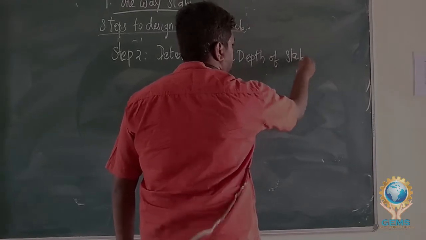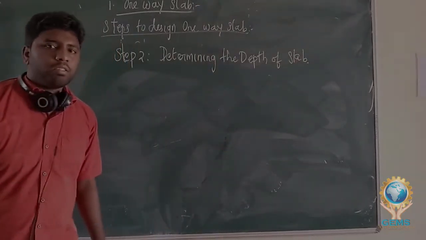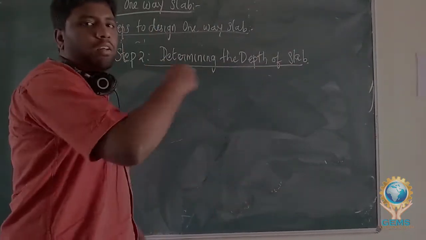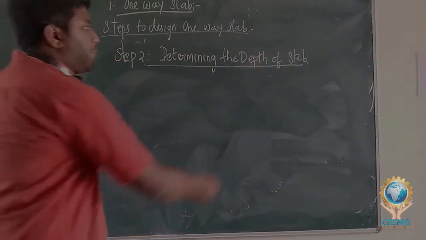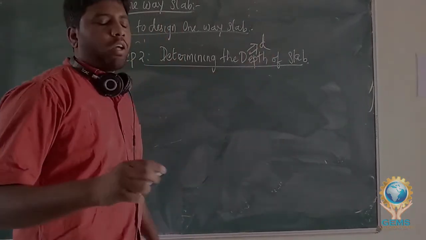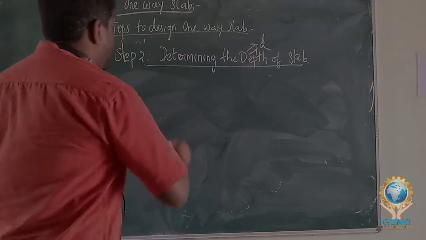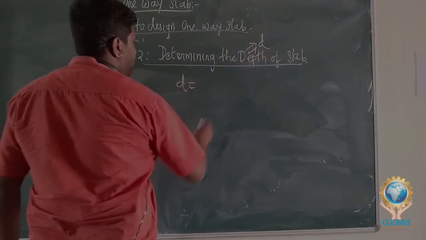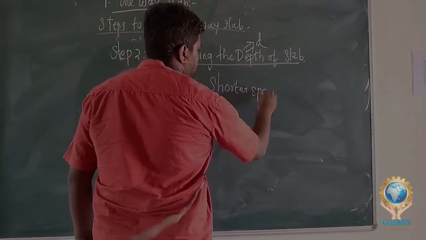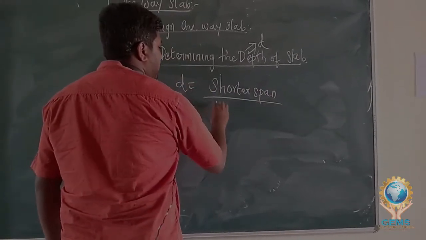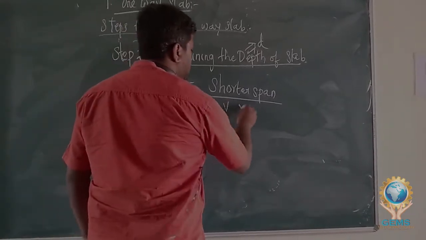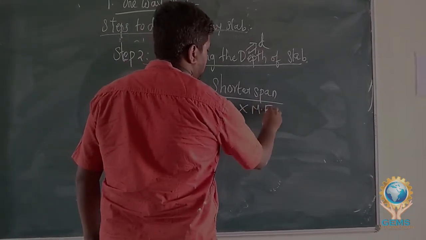There is a formula to determine the depth of the slab. Depth here means the effective depth, small d. Small d is equal to the shorter span divided by the basic value into the modification factor.